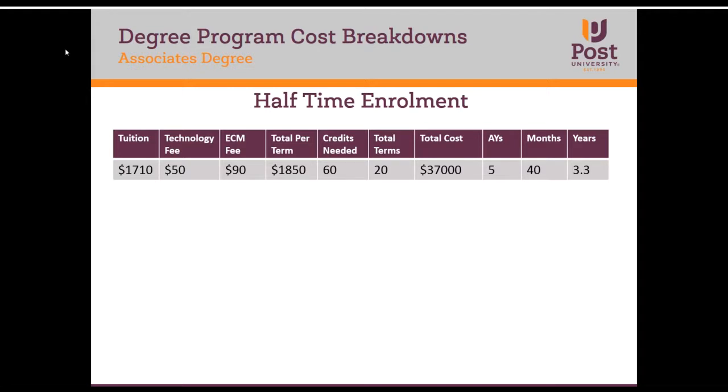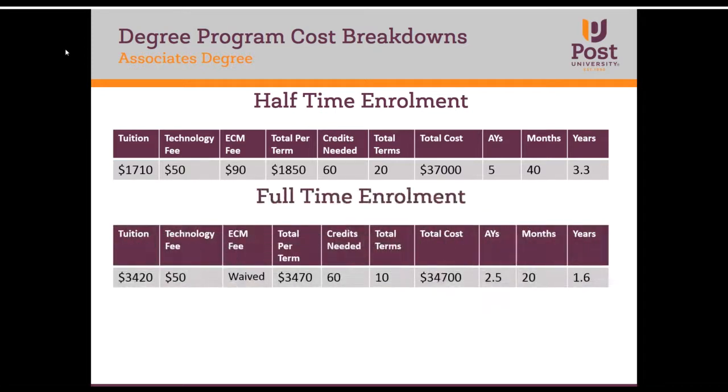So when I talk about the benefits of full-time enrollment, please bear with me. At the end of the presentation, there are options available to maximize your funding for half-time students. So don't get discouraged. I promise there's a light at the end of the tunnel for half-time students.